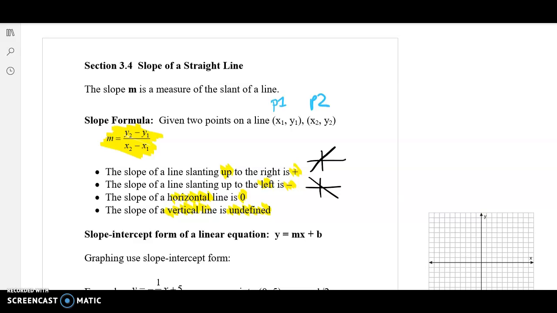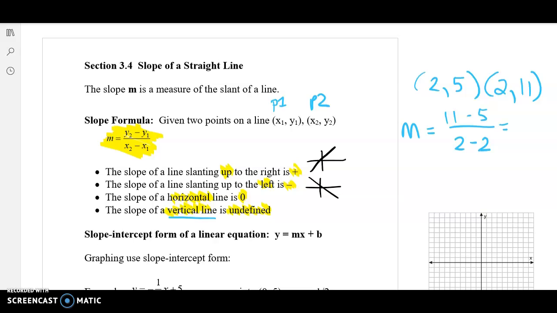An example of how your vertical line would be undefined, think they have to have the same x value. So if you have 2, 5 and 2, 11 as your 2 points, when you do your slope formula, 11 minus 5 over 2 minus 2, 6 over 0, we can't divide by 0.